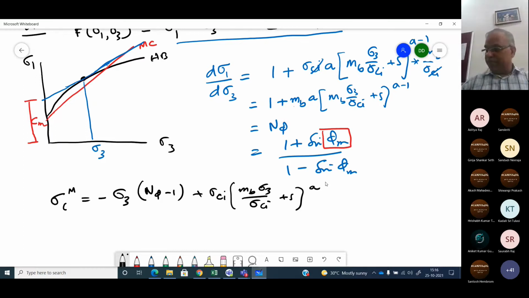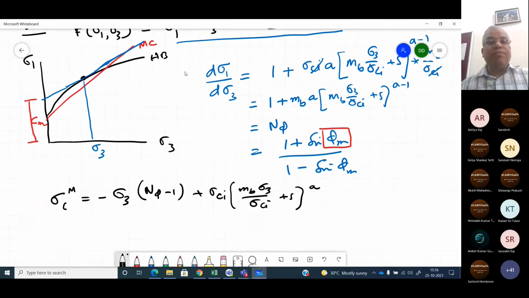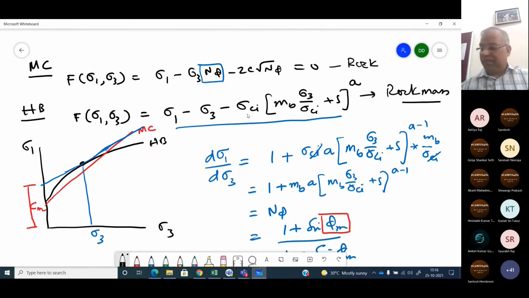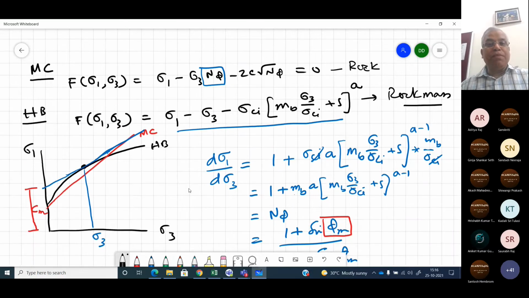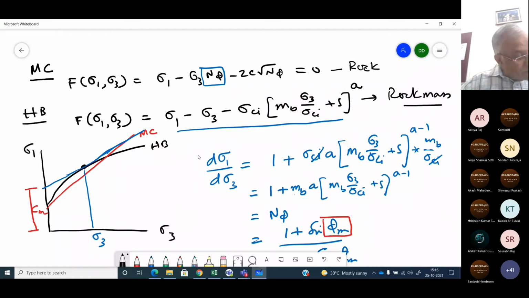Okay, so this becomes sigma Cm, right, from comparing these two. We can find out sigma Cm, means we are putting it directly sigma 3.